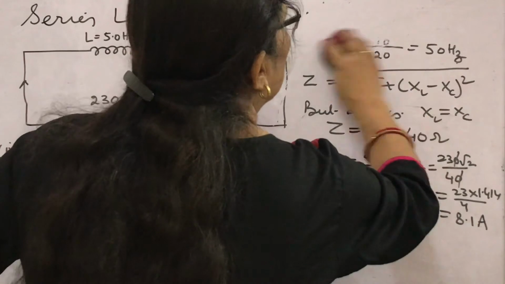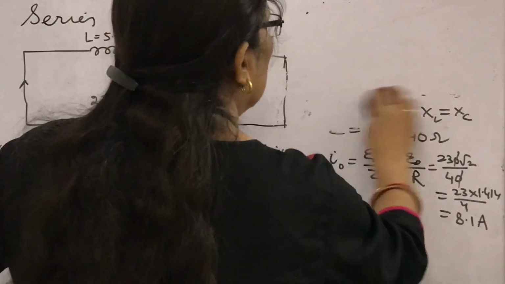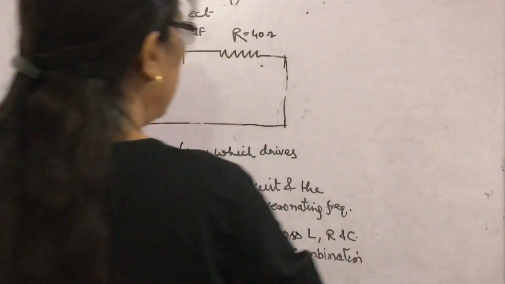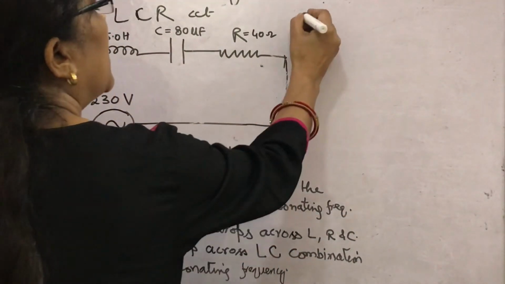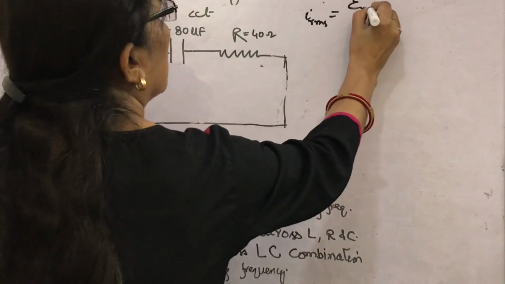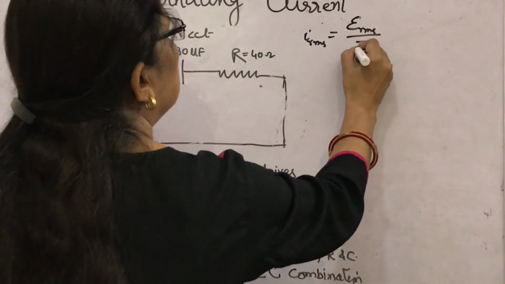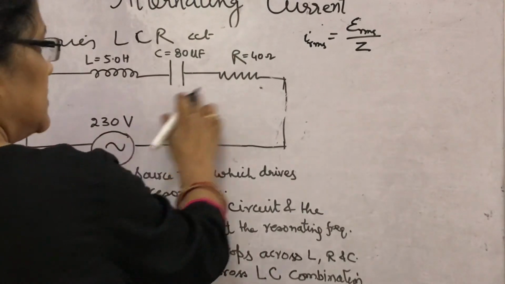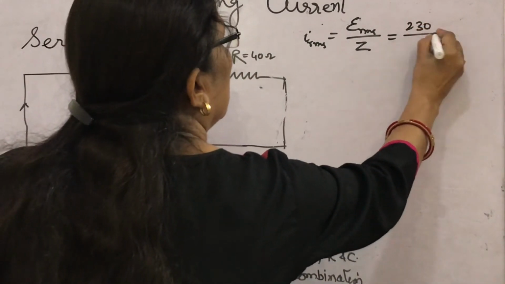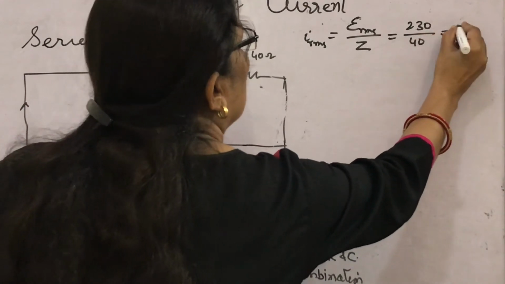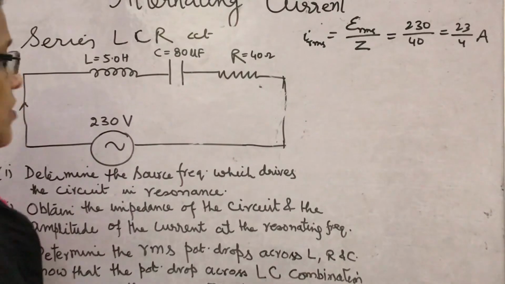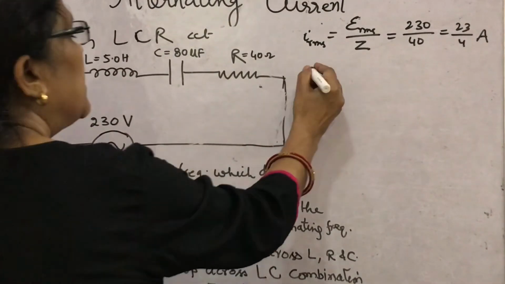Let us see what the RMS current is. First we will find the current. You know I RMS can be written as E RMS upon Z. At resonance, Z is only R, so we write 230 upon 40, that is 23 upon 4 ampere. What is V naught L?